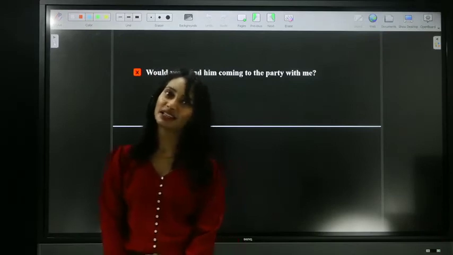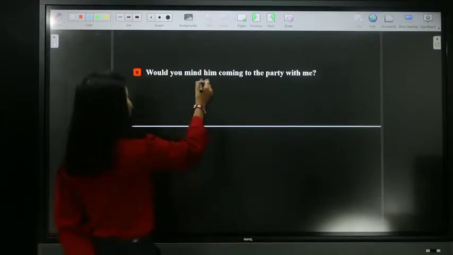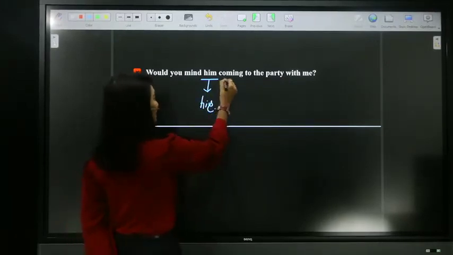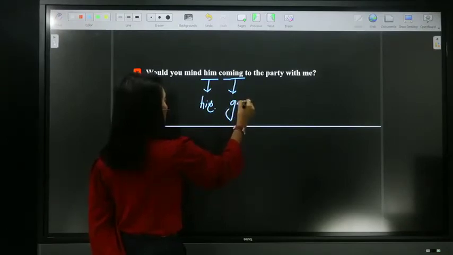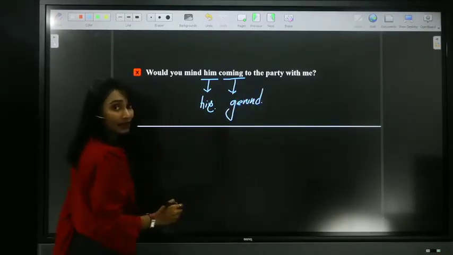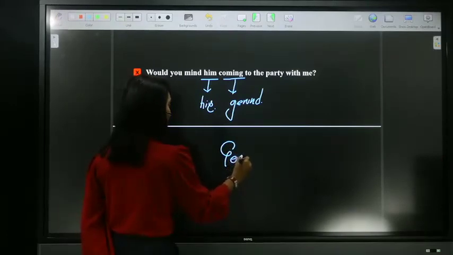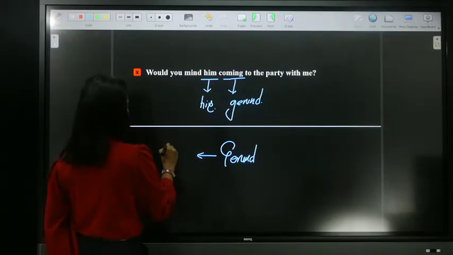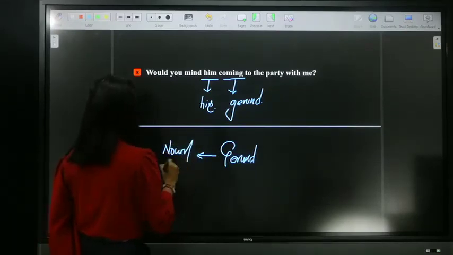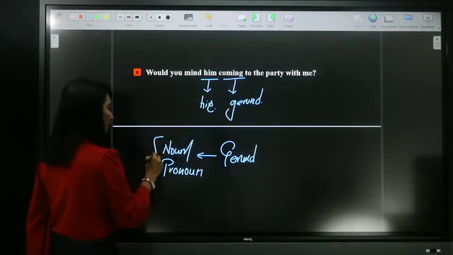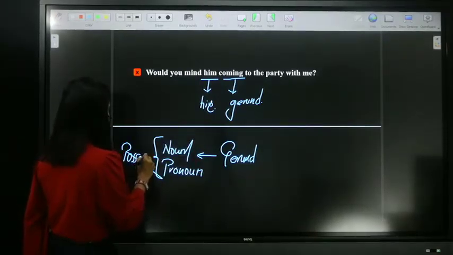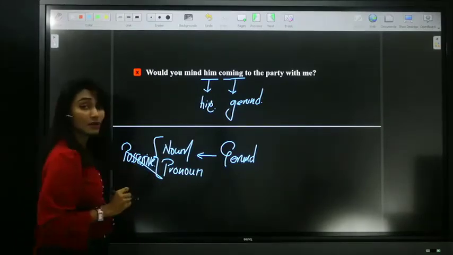So it is not he, but his. Because coming is a gerund. We have already discussed that when there is a gerund in a sentence and that gerund is preceded by a noun or a pronoun, that noun or pronoun must be a possessive one.